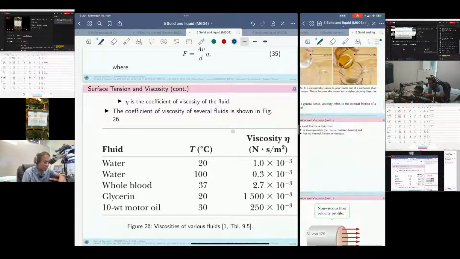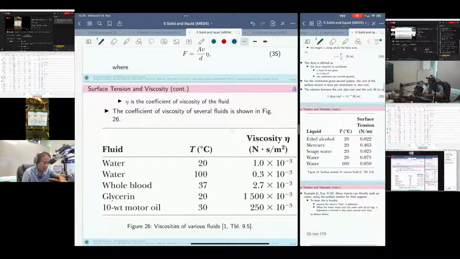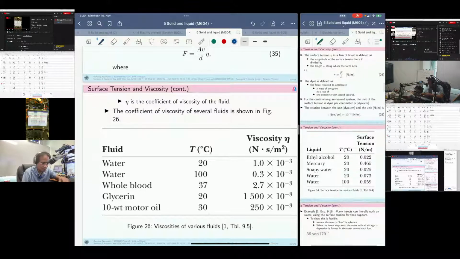Please don't be confused, the fluid has different properties. Before that, we have seen surface tension, which is Newton per meter, and it depends also on the temperature. If you have higher temperature, the surface tension is going to be lower too, right?